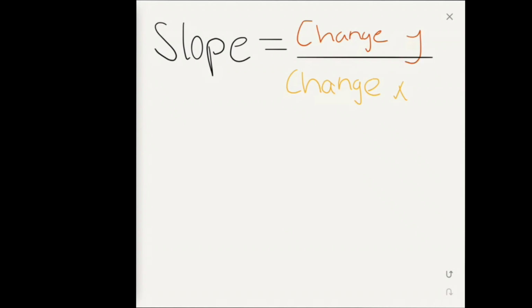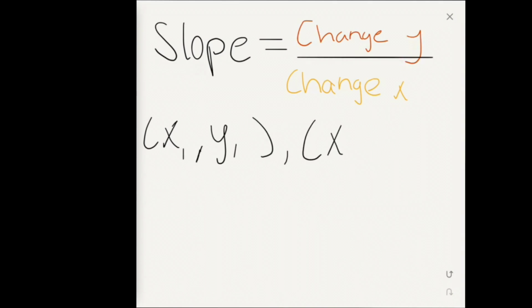Now to find the slope, you need to choose any 2 points from a line. So for example, let's take the points x1, y1, and another point x2, y2. The subscripts 1 and 2 are just there to tell the difference between the 2 points.